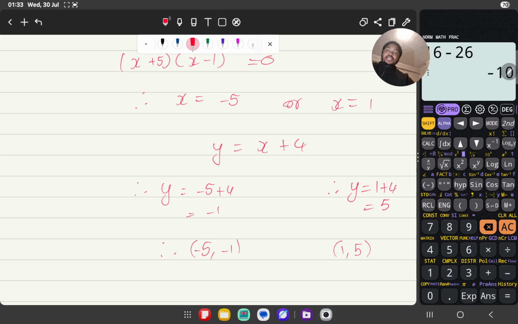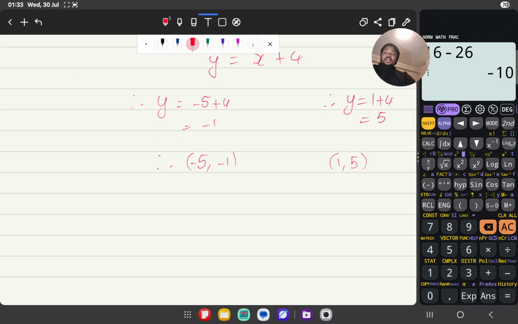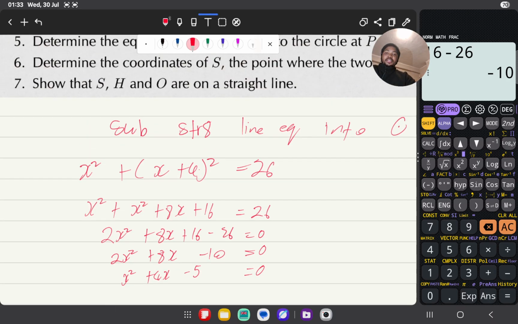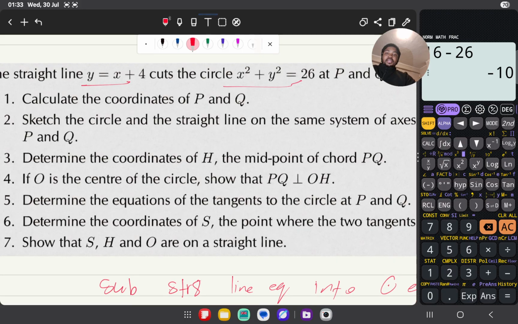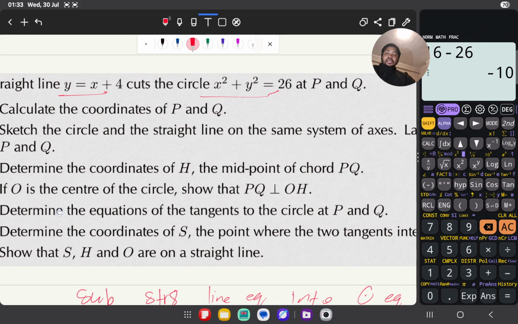So these are your points, where the graph intersects with the others. Let's see if there's anything that can help us identify which one is which.